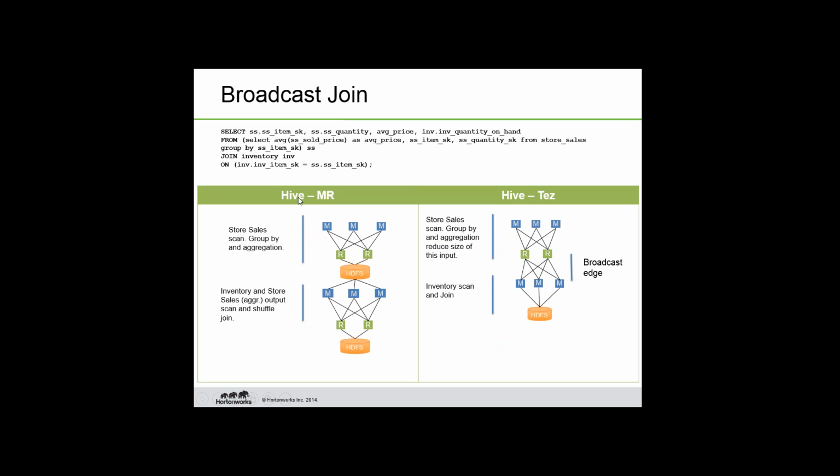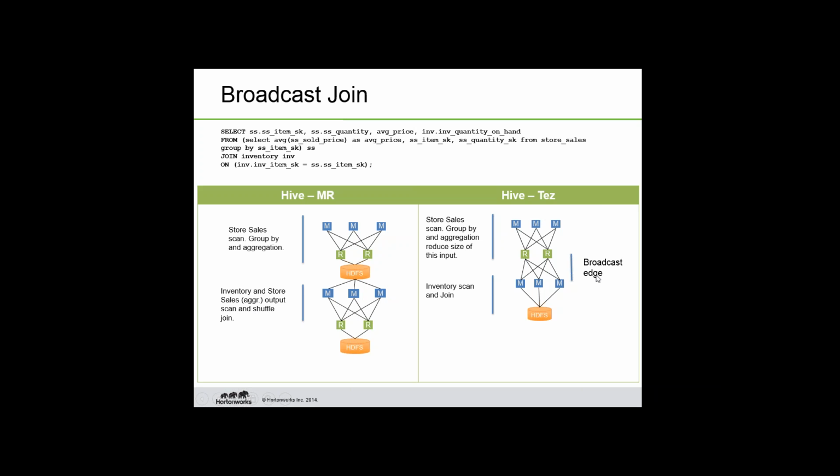For Hive MR, the store sales data is getting scanned and then grouped by an aggregation, which happens in one phase of the chain of the graph. Similarly, another phase of execution, like inventory, store sales, aggregations of the data, output, scan, and shuffle join, happens in the second phase of execution. And in between both of these phases, we'll be able to see the data is getting stored in HDFS, and then the next level of job is getting started.